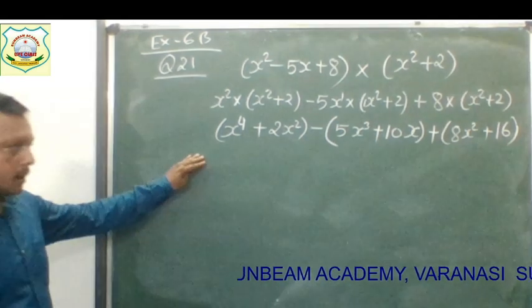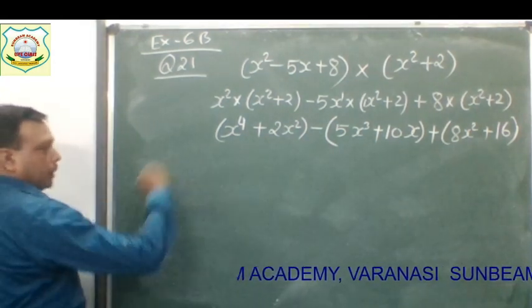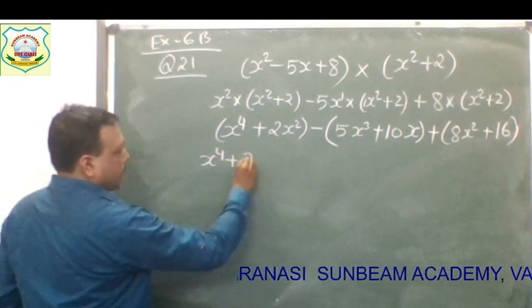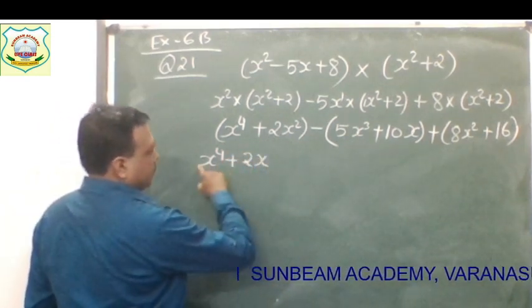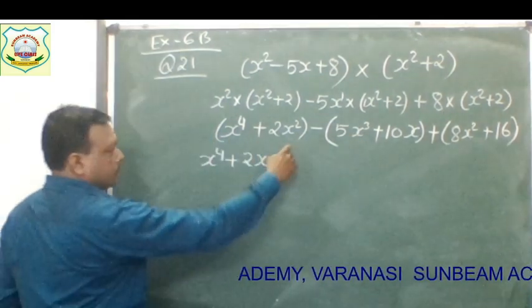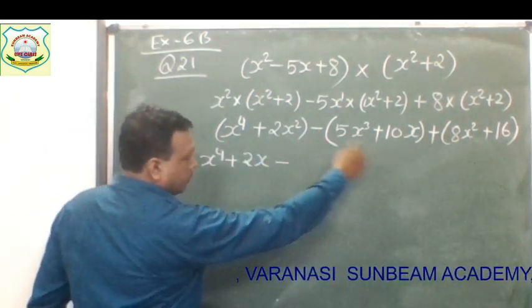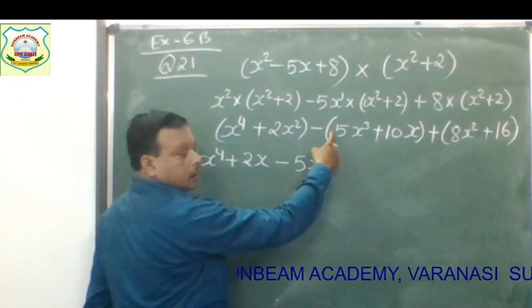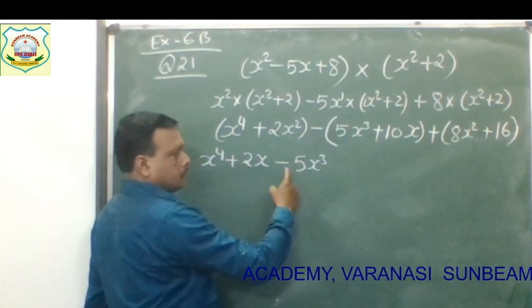Now understood students? Now we will open the bracket. x power 4 plus 2x square, because all is positive by default, so no sign will change. Here the minus sign will change: 5x cube, because by default this is plus, so plus minus, that is minus.